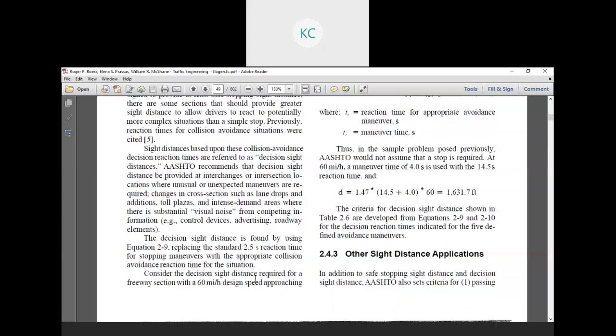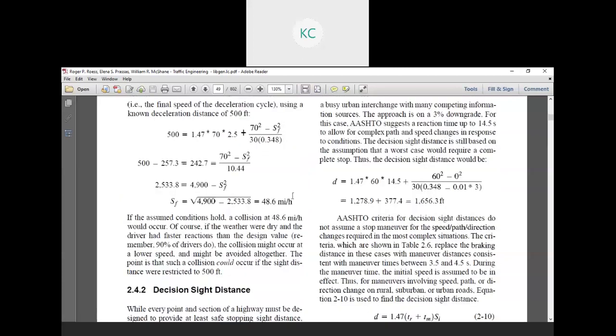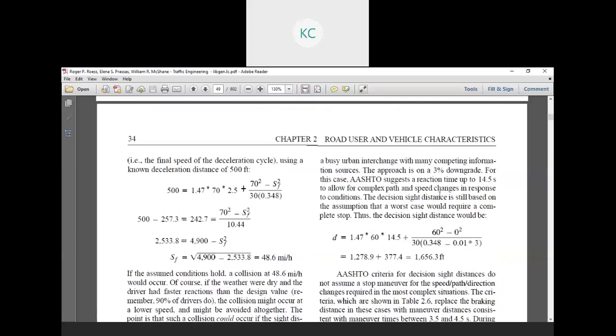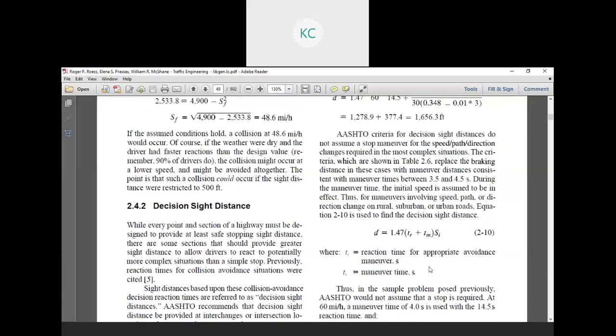The decision sight distance is found by using the equation, replacing the standard equation: B is equal to 1278.9 plus 377.4, which is equal to 1656.33. So it suggests that on a highway stretch, not this much stopping sight distance is required, but at the intersection, providing this amount of stopping sight distance is required to avoid collision of different vehicles at that location.